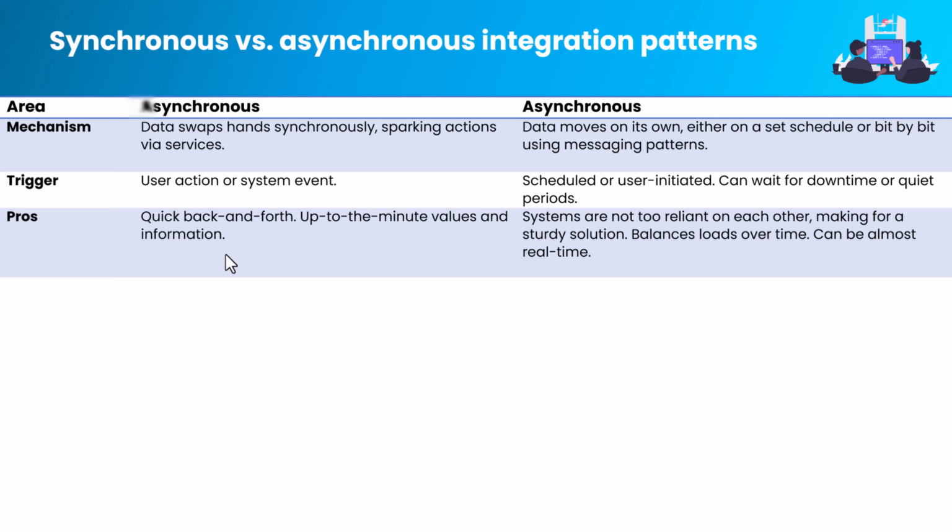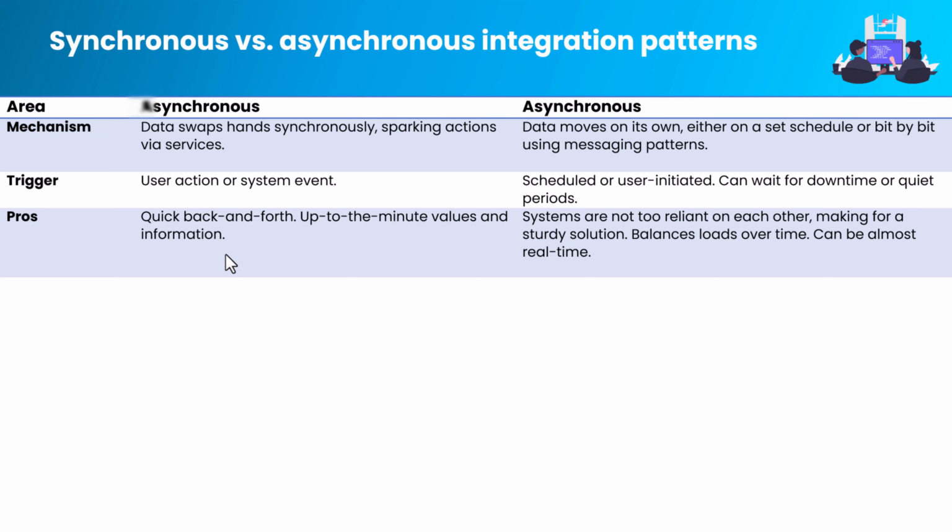In case of asynchronous, systems are not too reliant on each other, making for a sturdy solution that balances loads over time and can be almost real time. The asynchronous mechanism reduces the dependency between systems, enhancing reliability. They also allow for better load balancing, as data can be processed during less busy times.